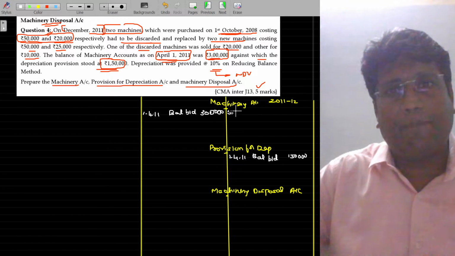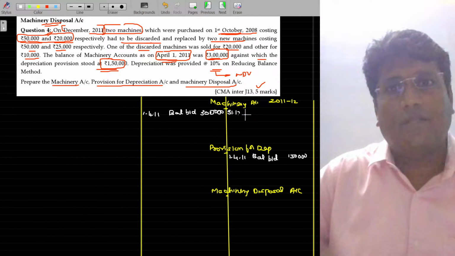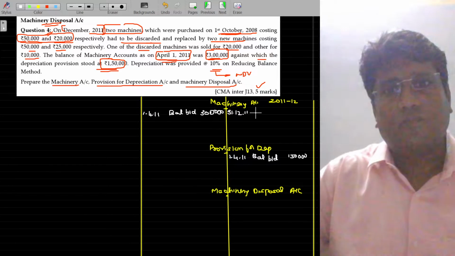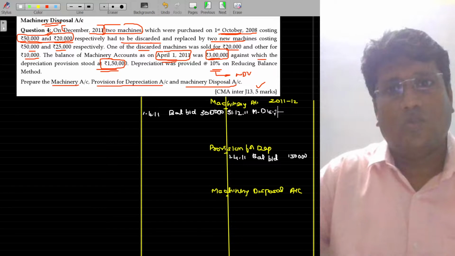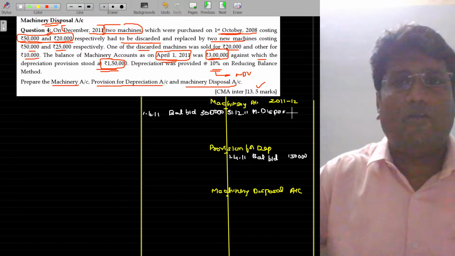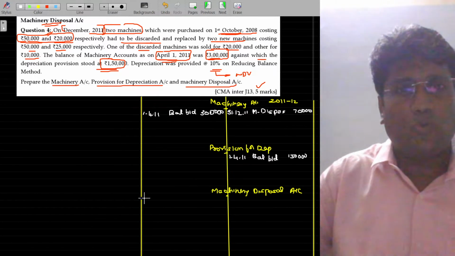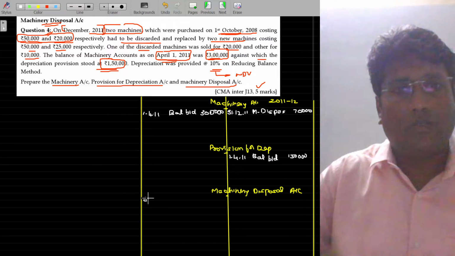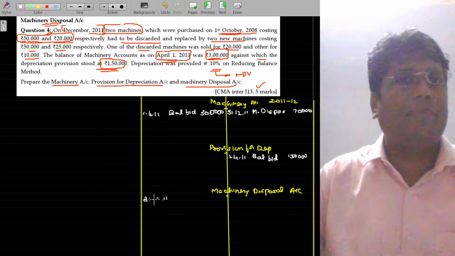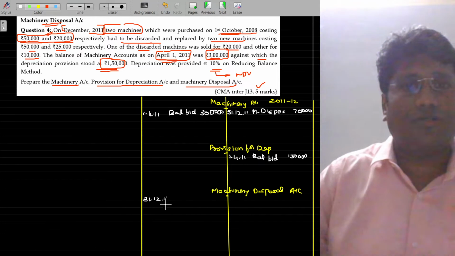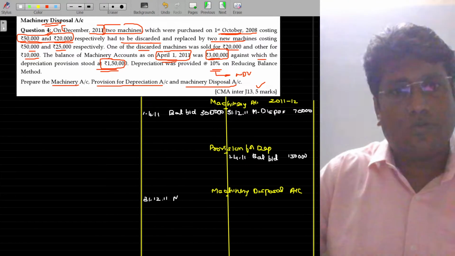I assume that sale happens exactly on the last date, 31st December 2011. The value of both assets being 70,000 rupees, I transfer that to the machinery disposal account. 31/12/11. I am not aware which date it is sold, but it can be assumed the sale happened on the last date. Machinery account.